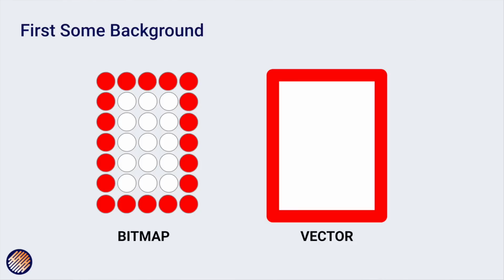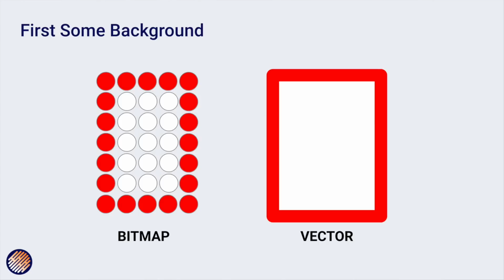and open to everyone. But then at a different layer of understanding, file formats for graphics are divided by files that represent things with dots versus files that represent things with shapes, technically called vectors. So let's look at this picture. On the left-hand side, you'll see a rectangle represented with dots.